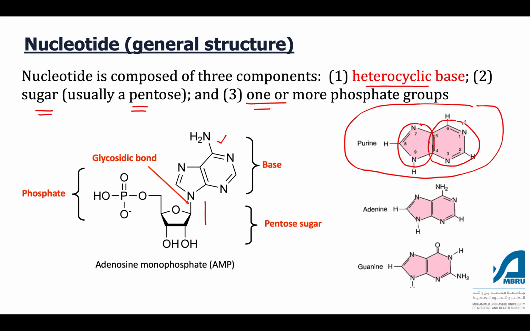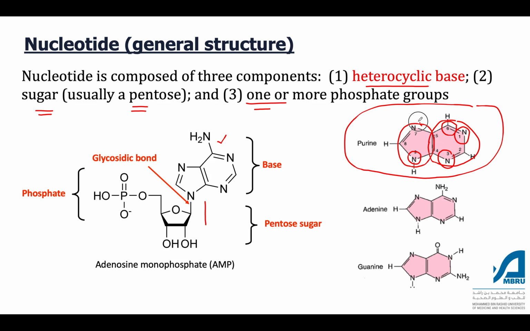This particular carbon here at the 6th position is derived from carbon dioxide. This particular nitrogen at position 1 is derived from the amino acid aspartate. These two nitrogens at positions 3 and 9 are derived from the amino acid glutamine.